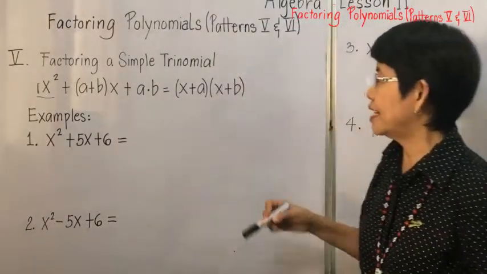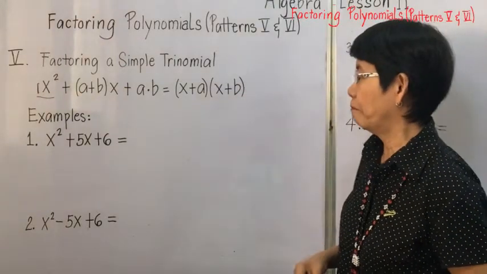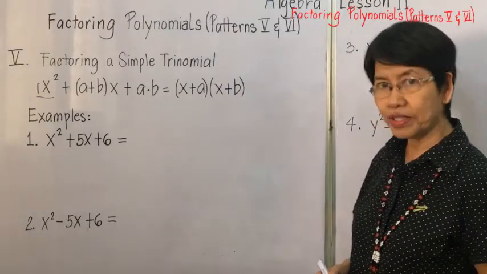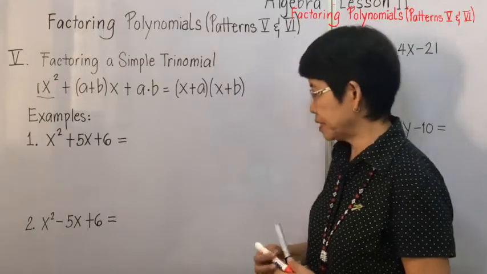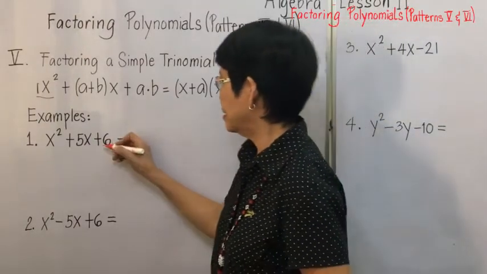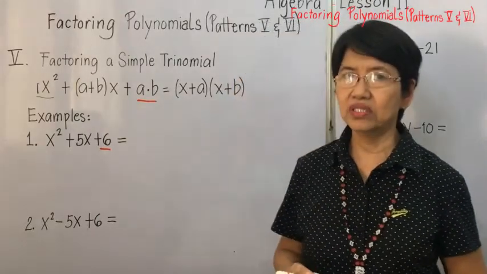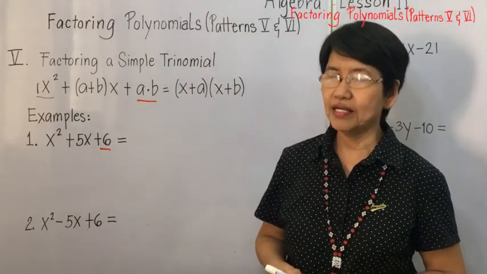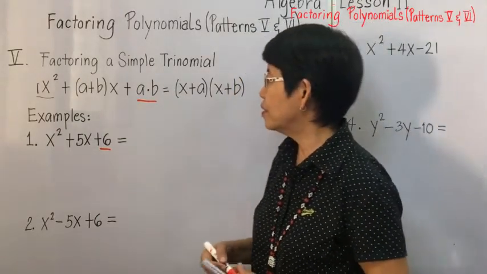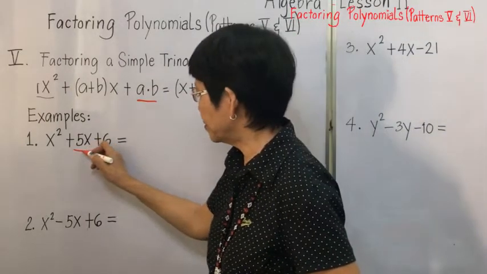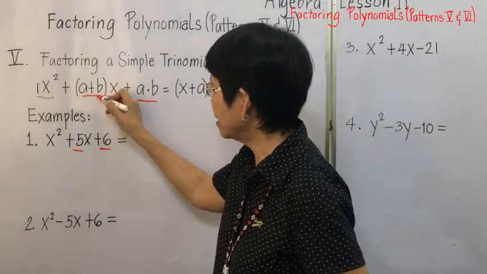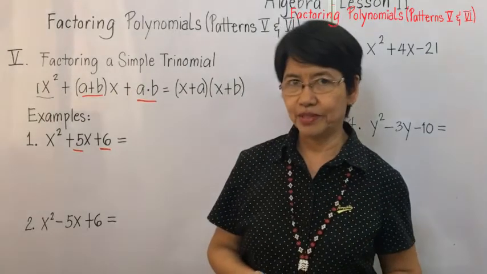That makes it a simple trinomial. So for example number 1, we first factor the last term in terms of 2 factors a times b, which when you add will also give you the middle term. So when you add the a and the b, you will get the middle term.